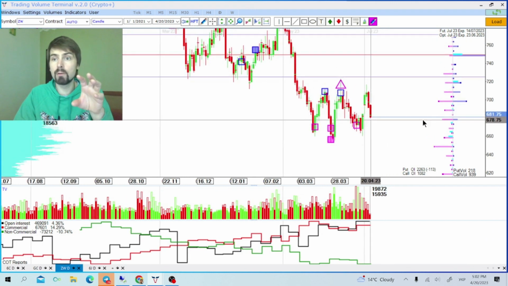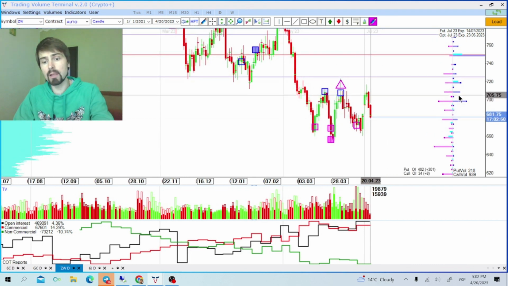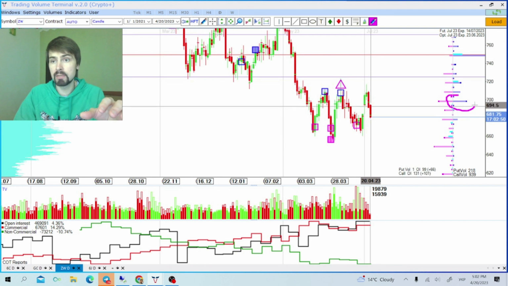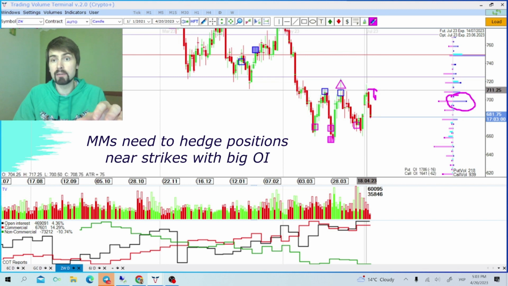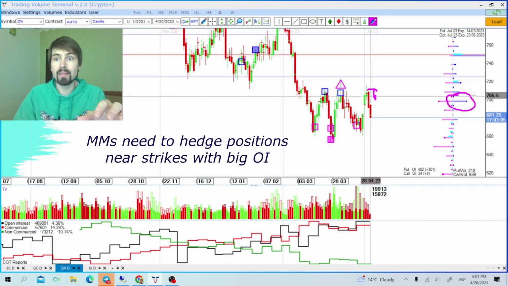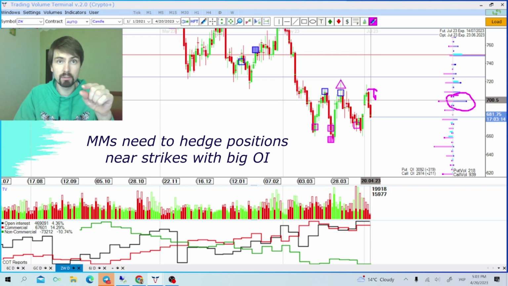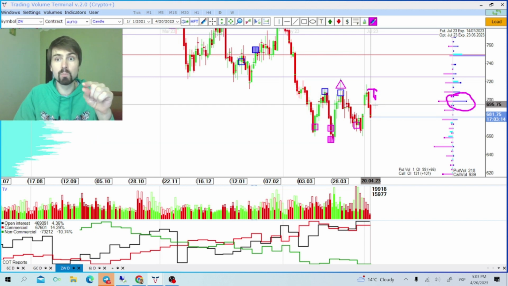Those round numbers where we see a lot of open interest in options are important because when the market breaks this level, the market maker needs to hedge the position which he sold in call options. So he needs to buy futures to be delta neutral and to avoid additional risks.